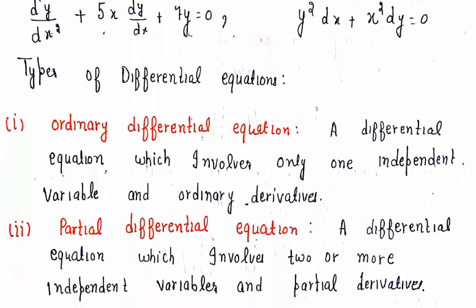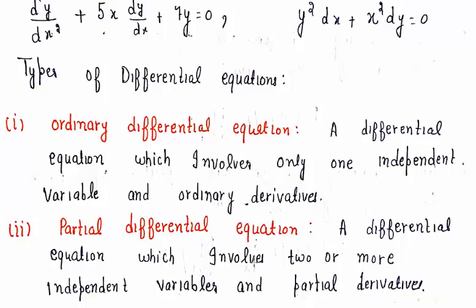Now a partial differential equation is an equation which involves two or more independent variables and partial derivatives. We know that a partial derivative is represented by curly y over curly x, curly y over curly z.